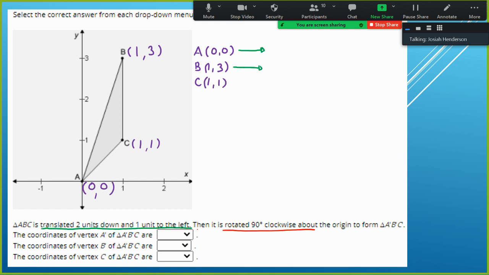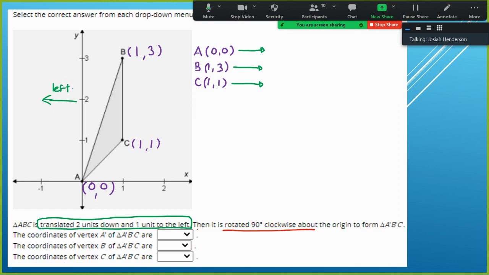So the new point we land at will be going, look at the instructions, translated 2 down and 1 to the left. 2 down, that's going to apply to the Y numbers, to the second number in each coordinate. And then 1 left will be -1, because if I go leftwards, arrow going left here, that's like going in a negative direction.